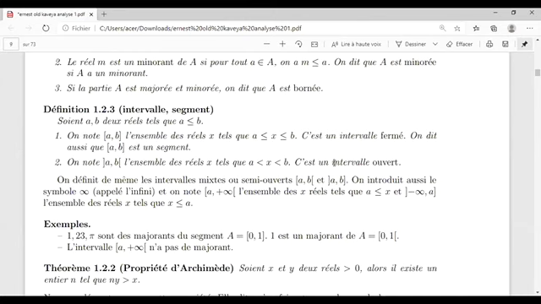If I got you well, you are saying my conclusion is we can only describe bonnet if we have majoré and minoré. According to the definition we have here, si la partie A est majorée et minorée, on dit que A est bonnet. We can have exceptions, yes, but in a situation like this, the only thing that we have to capture is if we have a part that is majoré and a part that is minoré, then we are allowed to say the set A is bonnet.